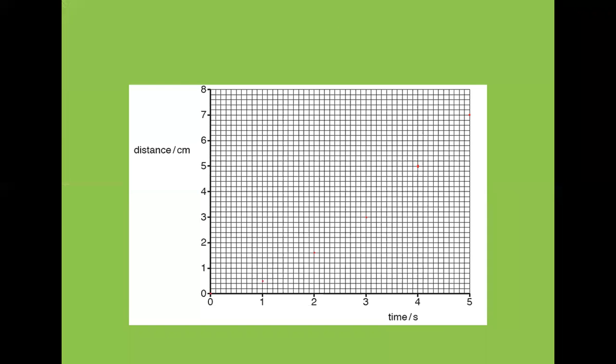Okay, so this is the graph, and these are the points which I plotted: 0, 0, then 1, then 2, then 3, and then 4, and this is the 5th second. I plotted these points. Hopefully you can see these red dots. Can you see the red dots on your screen?